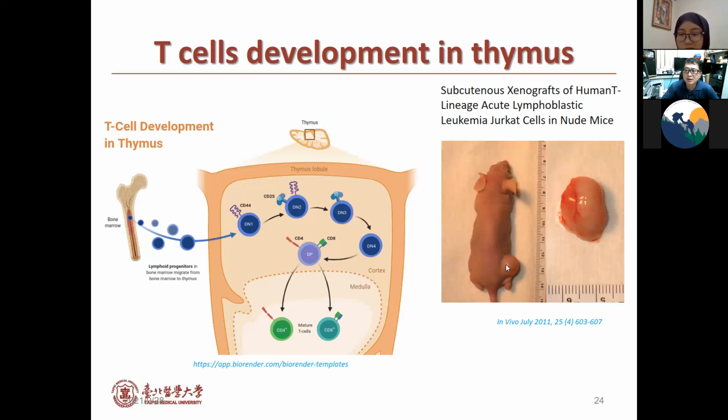Think about it, the tumor cell line is derived from a human, and this is a mouse, so they are not going to get rejection.